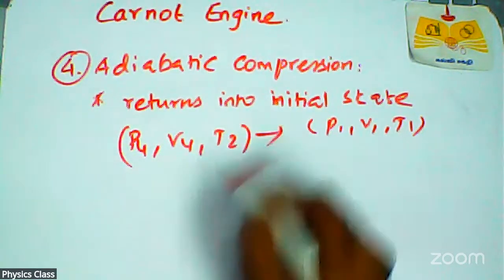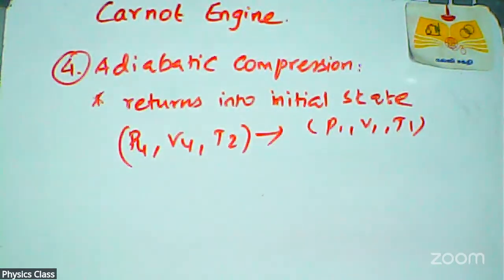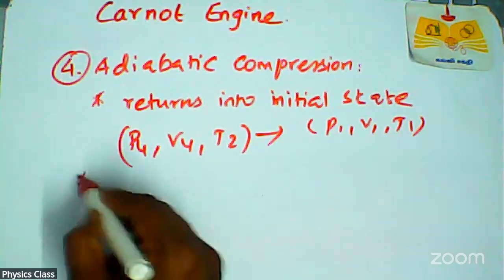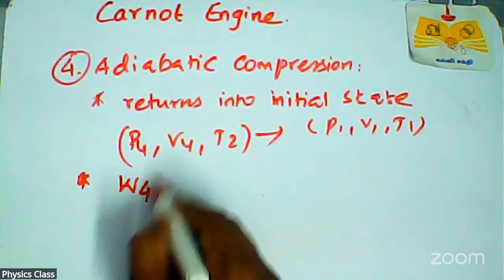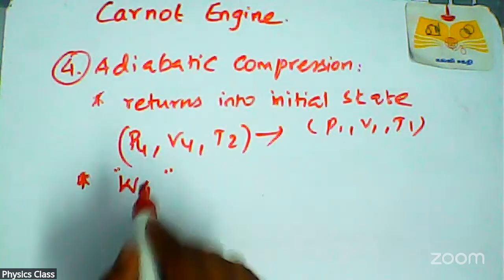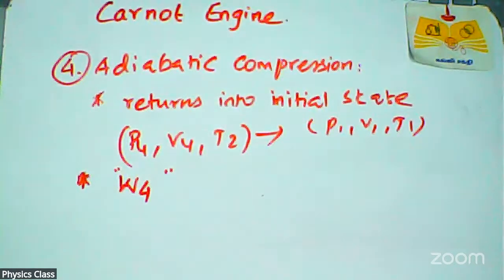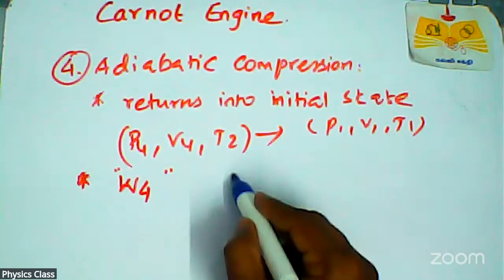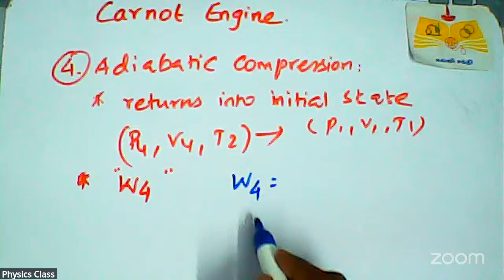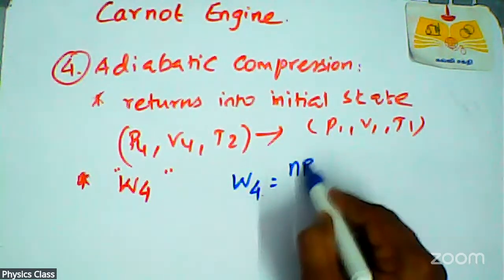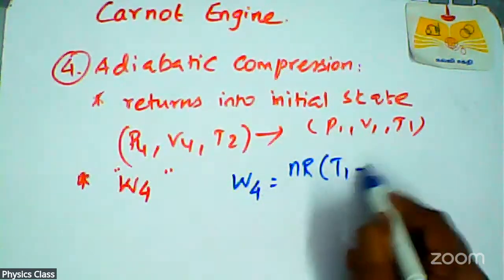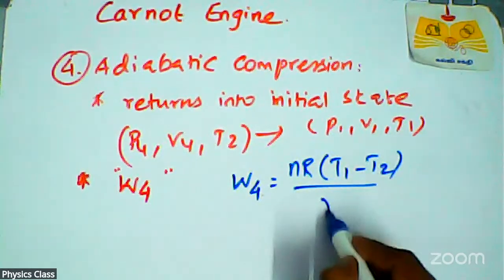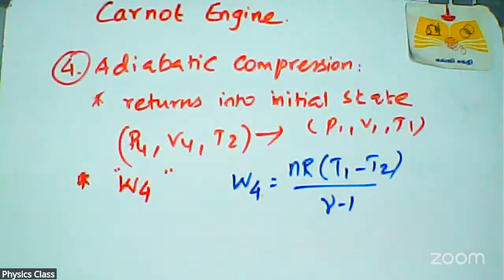Here also work is done on the gas, that is W4, by the adiabatic compression. So we can write W4 for this process as usual, nR (T1 minus T2) by gamma minus 1. This is the work done in adiabatic compression.